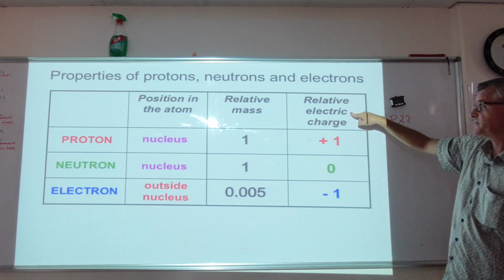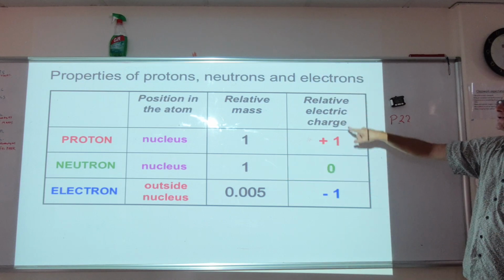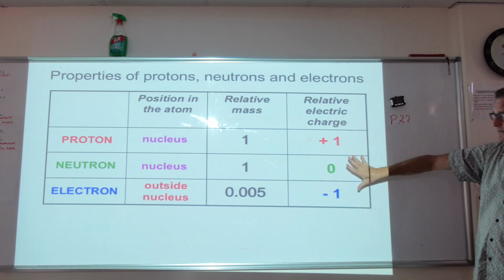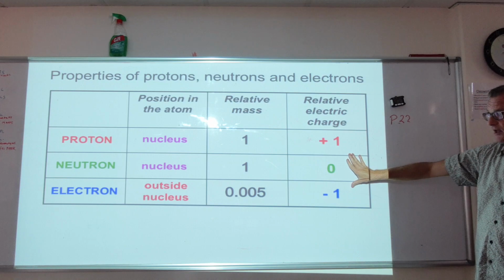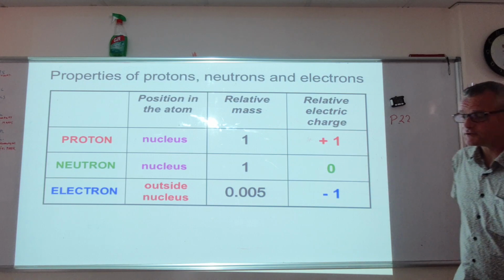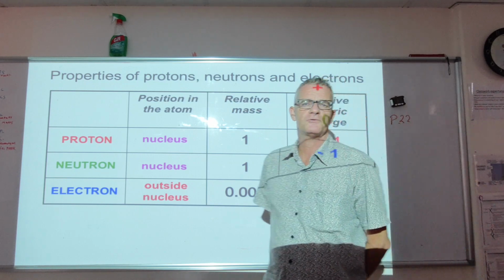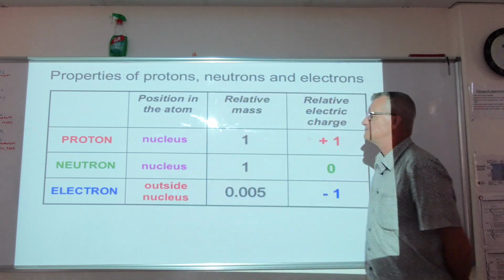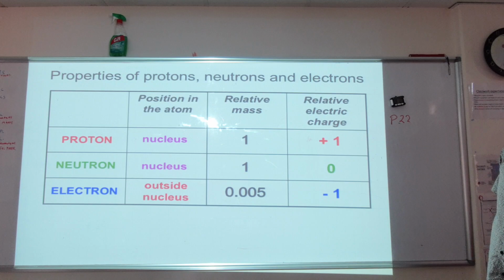The relative charge is defined by the protons and the electrons. And remember, when we are talking about an atom, the amount of protons is equal to the amount of electrons. Again, pause the video and make a note of this.